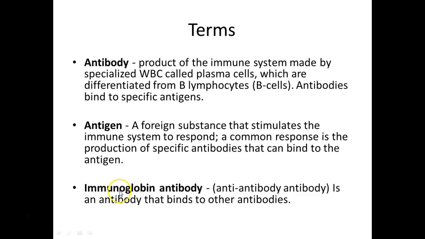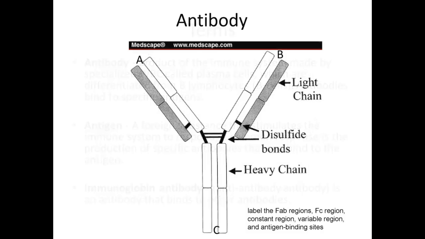So we say immunoglobulin antibody, and again, this means it's an antibody against an antibody. So we're dealing with an antibody today that binds to other antibodies. Sometimes when you're dealing with human, you'd even say human anti-antibody.